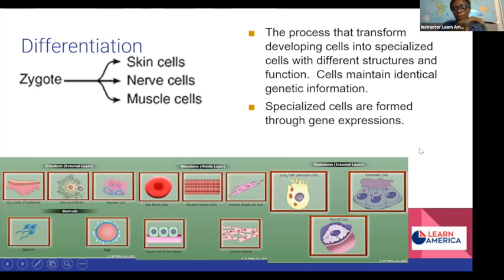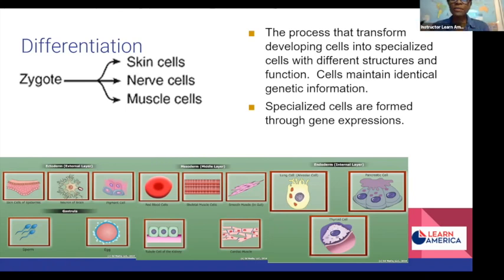Differentiation is a process of developing cells with special function and structure. These cells maintain identical genetic information. So your skin cell, your nerve cell, muscle cells, they all have the same DNA in them. It's just that different parts of the DNA, like the exons, are being expressed into whatever the function is.